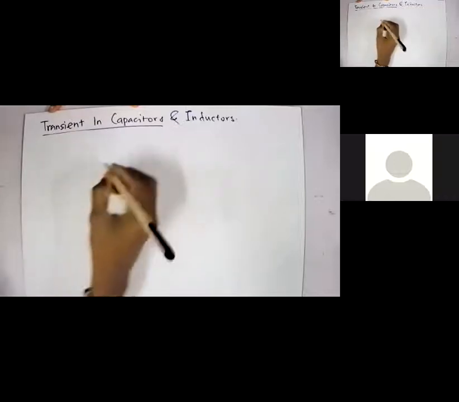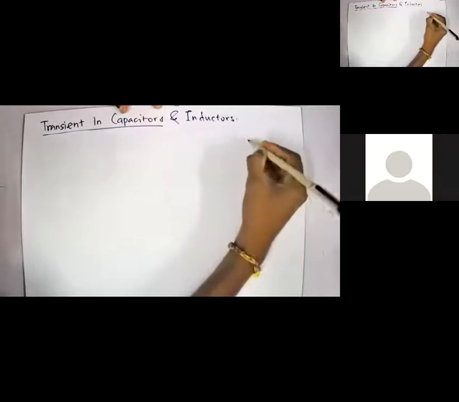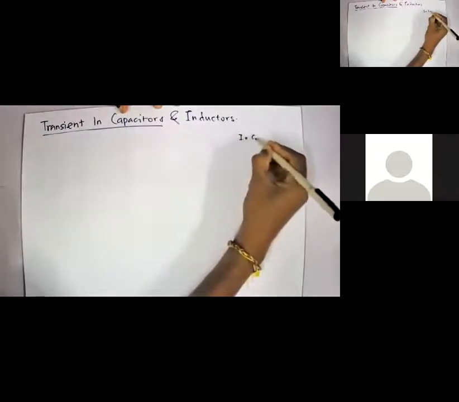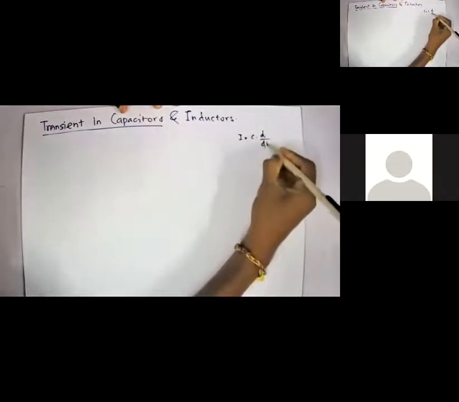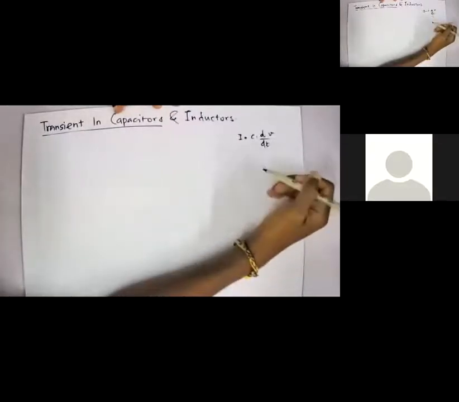Transient in a capacitor. As we have seen earlier, the current through a capacitor can be written as I equals C dV/dt, where V is the voltage across the capacitor.